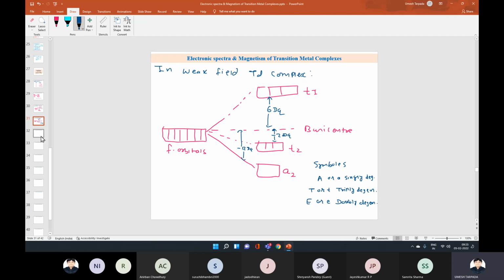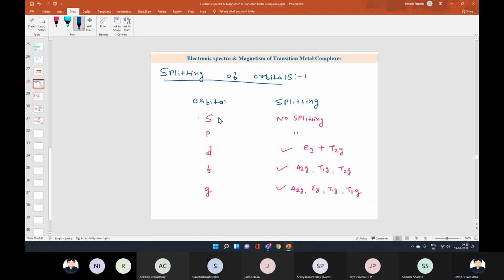So the conclusion is: the S term has no splitting, so S term is written as A1G. P term is written as T1G. D term is EG plus T2G.